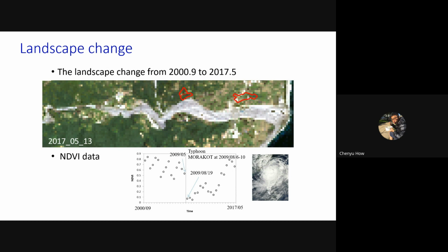So, with post-disaster recovery and management efforts, the vegetation significantly recovered to its pre-disaster state by around 2015.